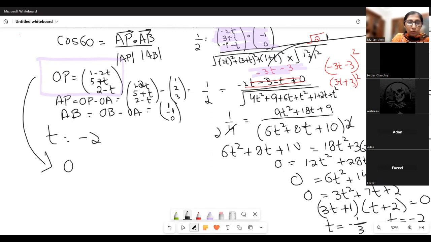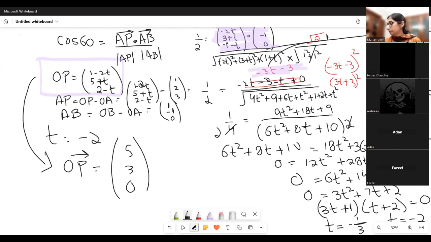So we're getting OP equals, we have 5, and then we have 3, and then we have 0. So that would be the only answer for this.